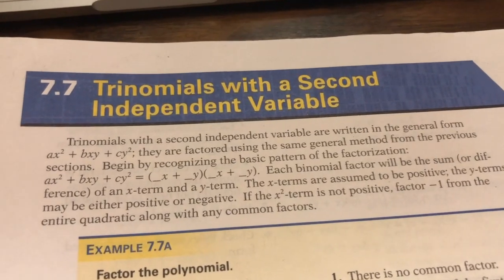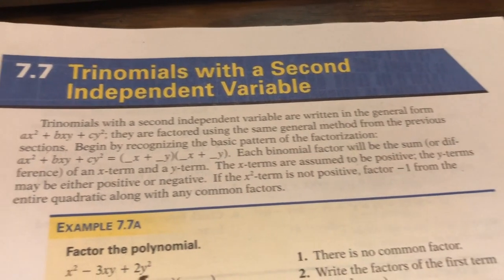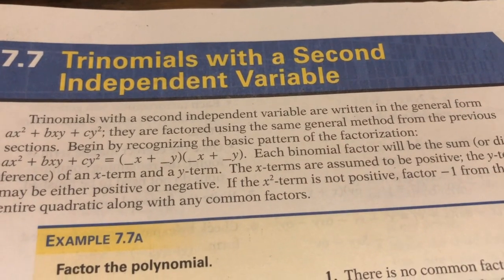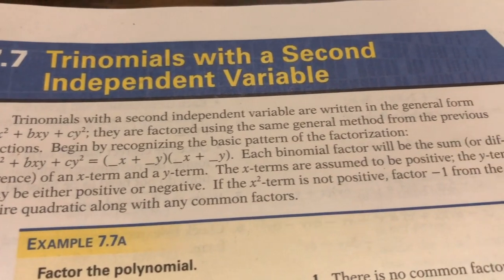So let's read the first paragraph. It says this. Trinomials with a second independent variable are written in the general form ax squared plus bxy plus cy squared. Remember, those a, b, and c represent the numbers.